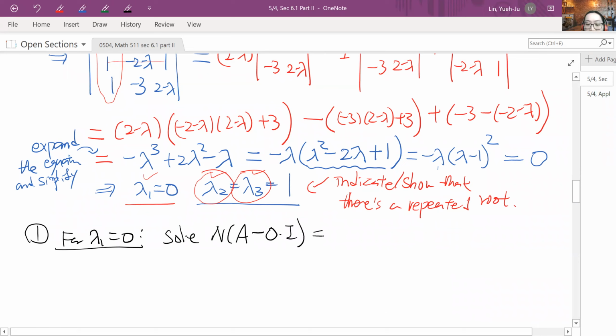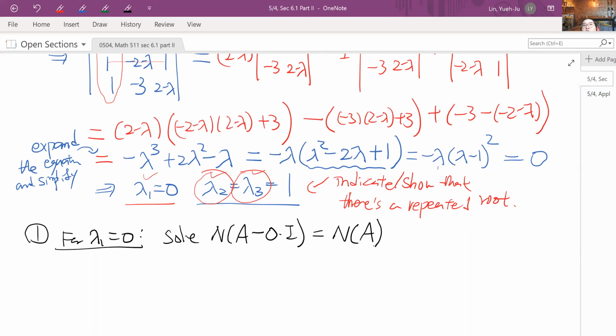So essentially it becomes the same as solving the null space of A. In some sense, if you have an eigenvalue equal to 0, then the eigenvectors are exactly those vectors in the null space of the original matrix. Okay, so this is possible, right?